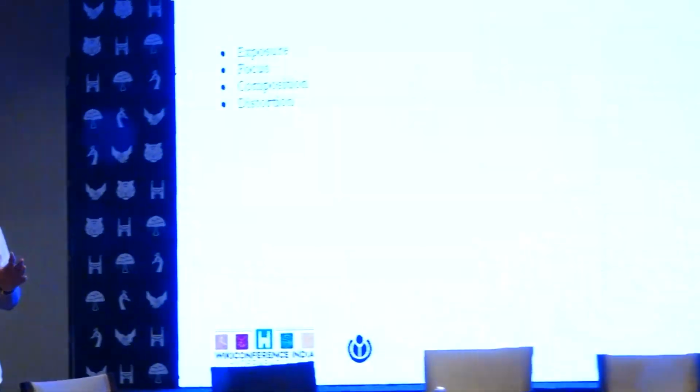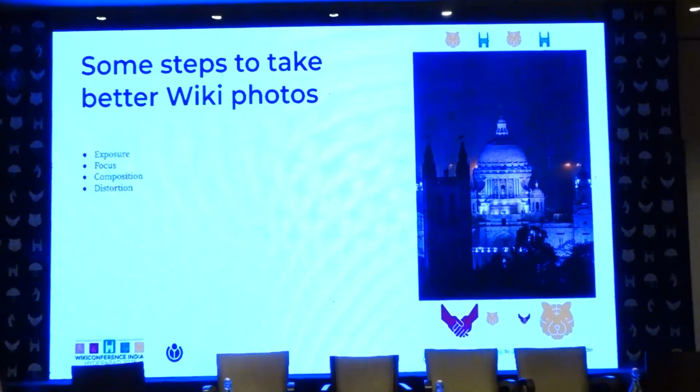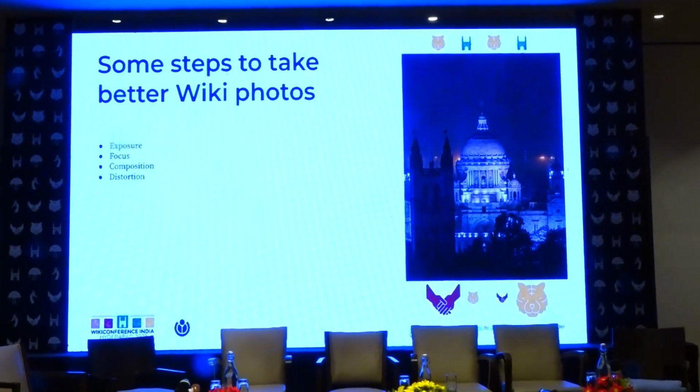I have zeroed in on these 4 points, because most of the images we see in these competitions have some problems with them: exposure, focus, composition, and distortion. If we can correct these 4 points, we will be able to get a huge number of quality images.